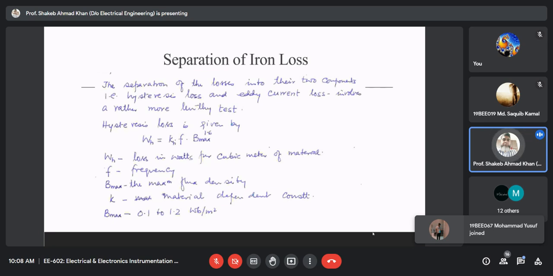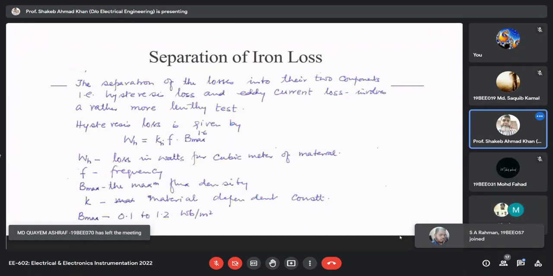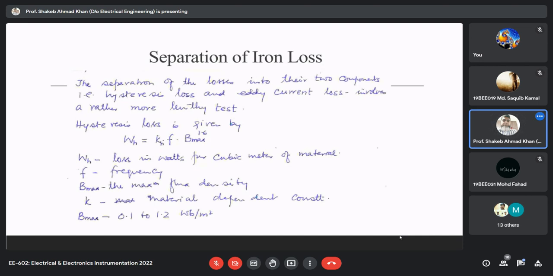We measure it just to find out the efficiency of the transformer, so we are not required to separate these two losses.